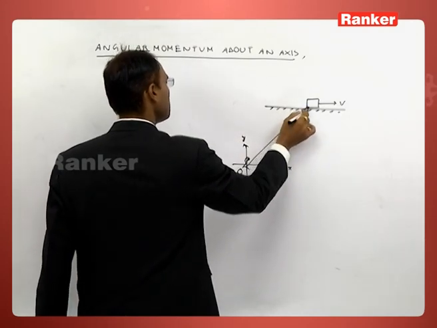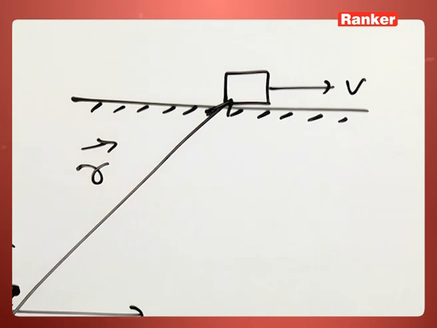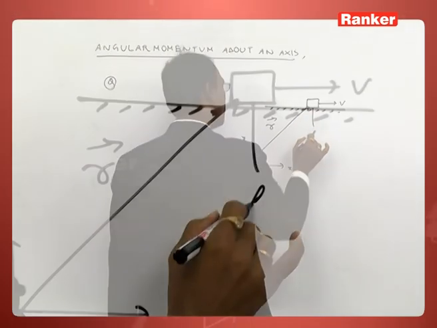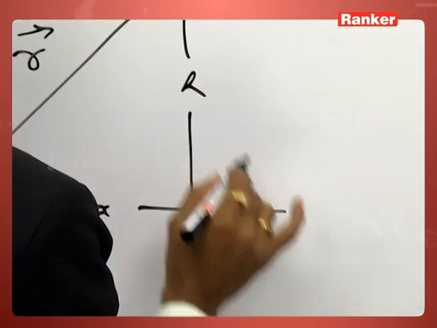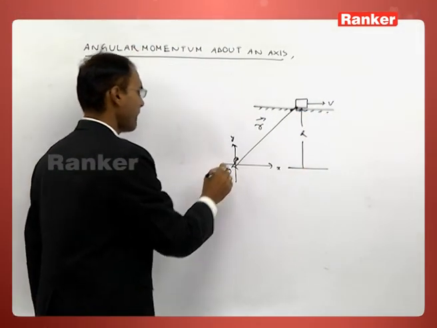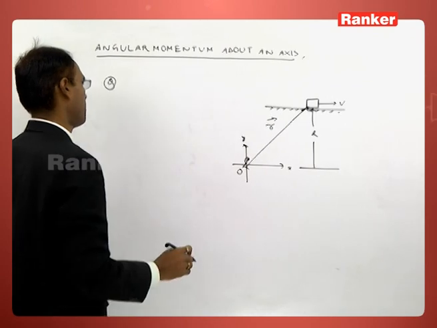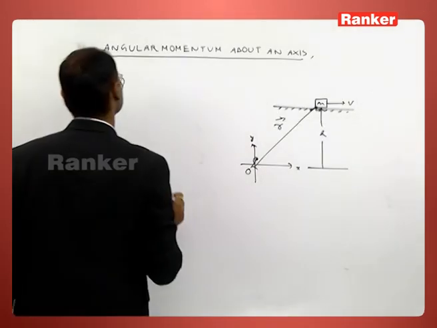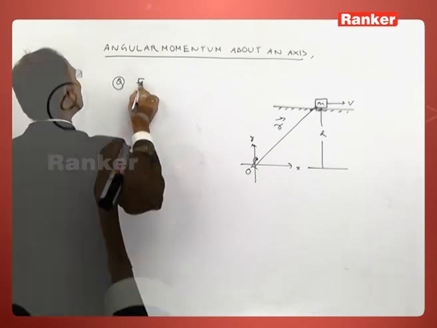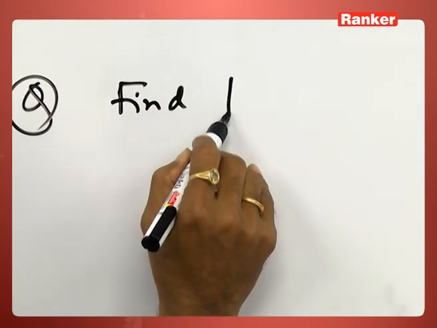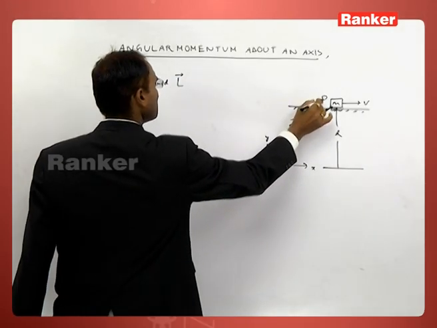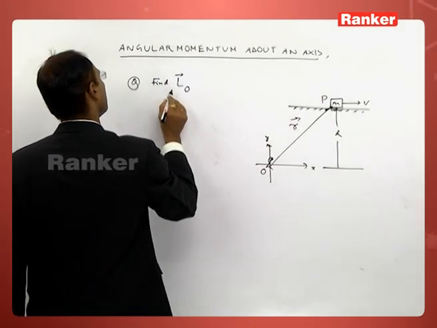This is the position vector of the block. The block is at a height of h with respect to the origin. Mass of the block is m. Find the angular momentum of the point mass P about O.